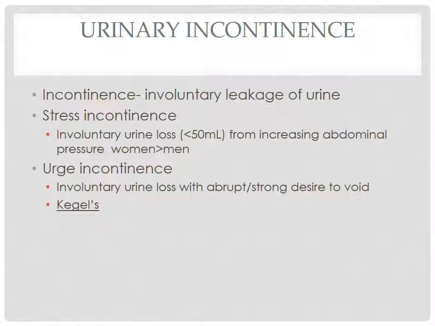Urge incontinence is an involuntary loss that occurs with a strong, sudden desire to void, and Kegel exercises will help a client that has urge incontinence. This is somebody that is just not getting to the bathroom fast enough. The urge comes on so suddenly.